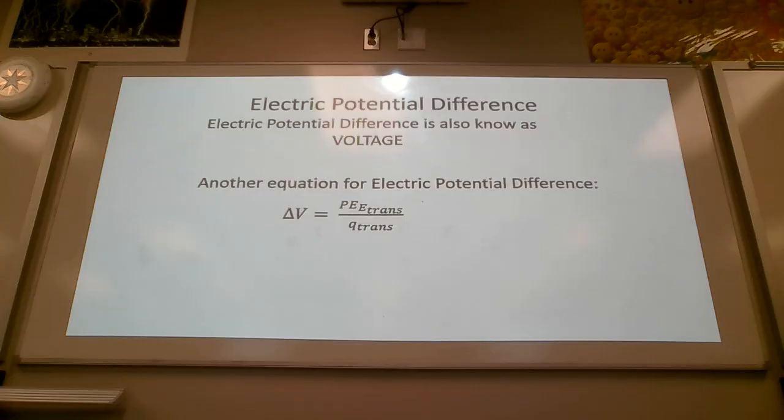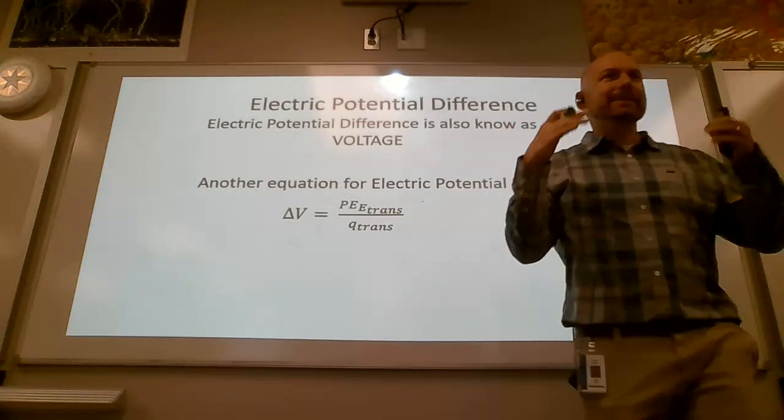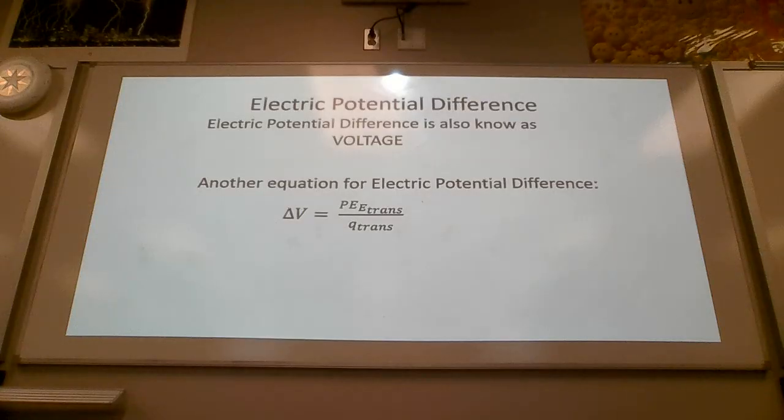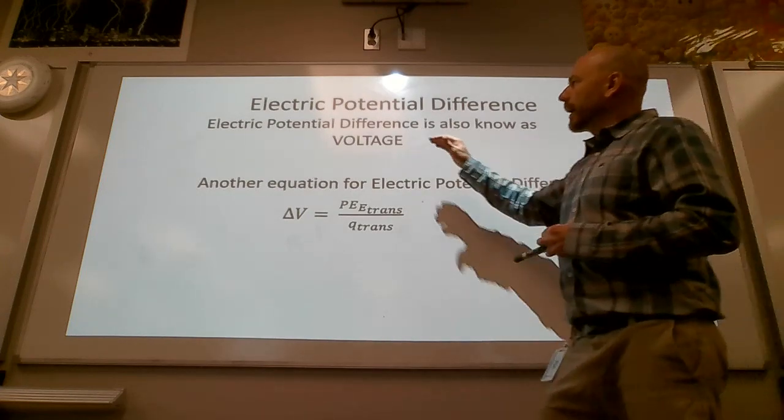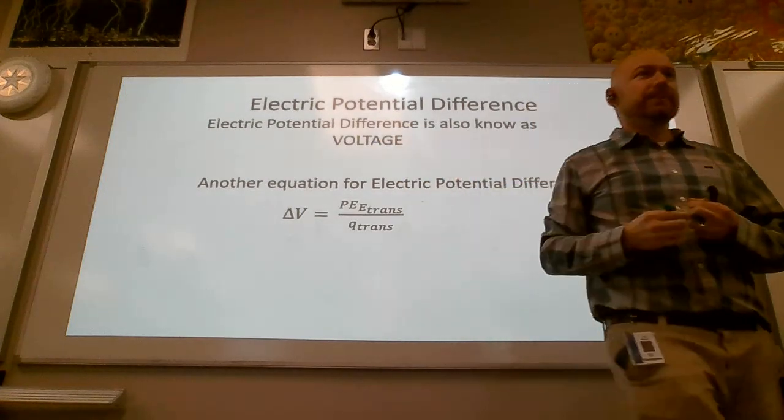Like you know how I taught you inertia, and that concept carried over throughout the rest of the semester. The electric potential difference is that important of a concept. Okay, so another name for electric potential difference is voltage.